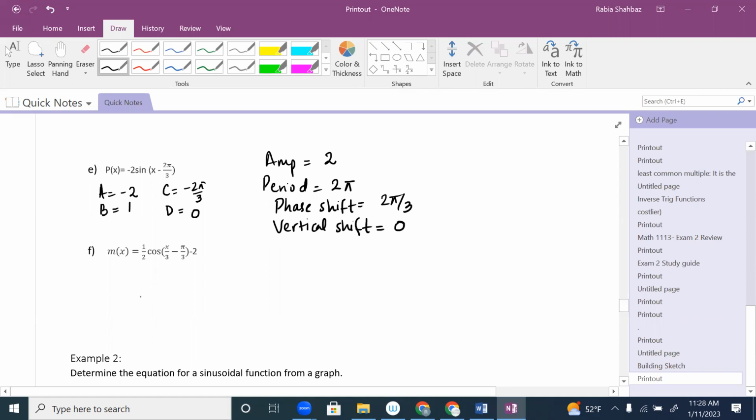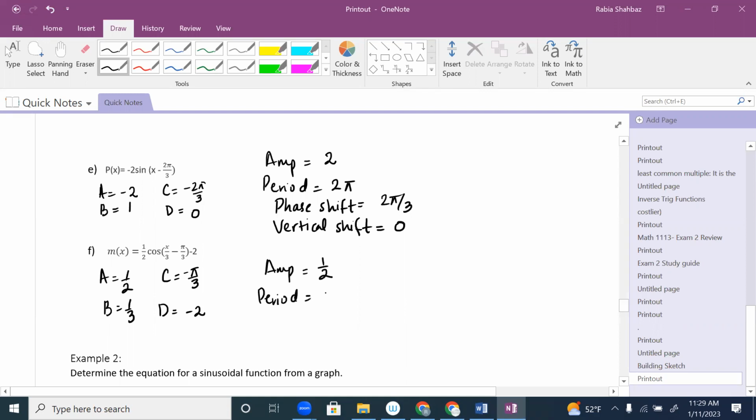All right, last one. Let's give it a try. Okay, A is half, B is 1/3, C is negative pi over 3, and D is -2. So our amplitude is half.